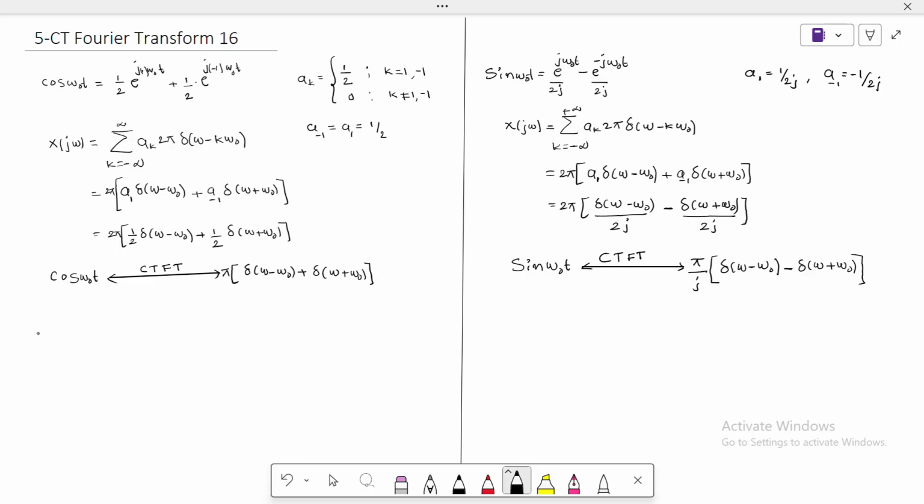Here I would like to write the time domain function and the frequency domain.